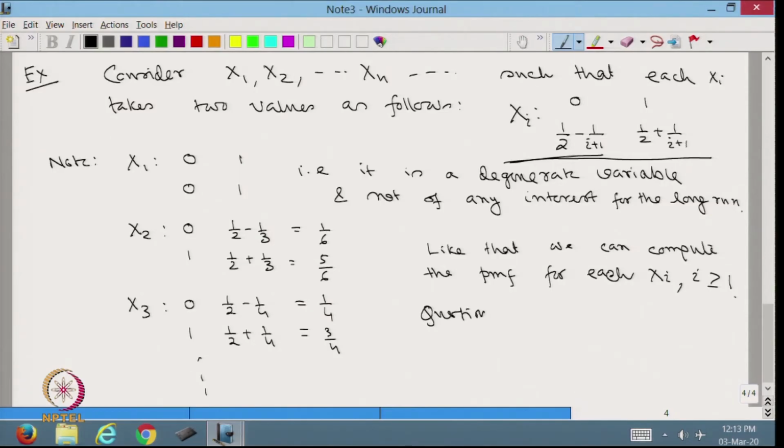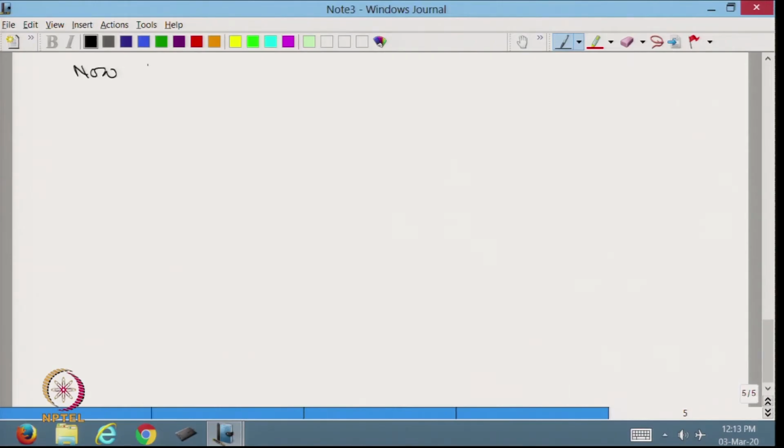Question is, what happens if n goes to infinity? Now, the PMF for x n is, it takes 0 with probability half minus 1 upon n plus 1 and 1 with probability half plus 1 upon n plus 1.